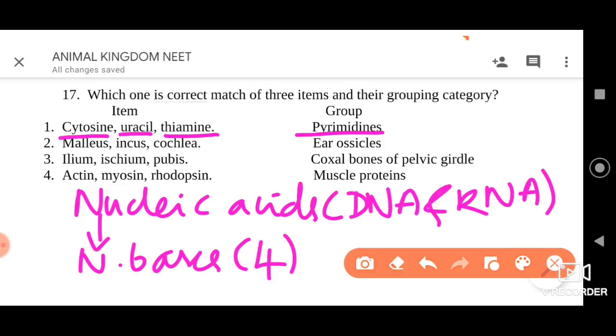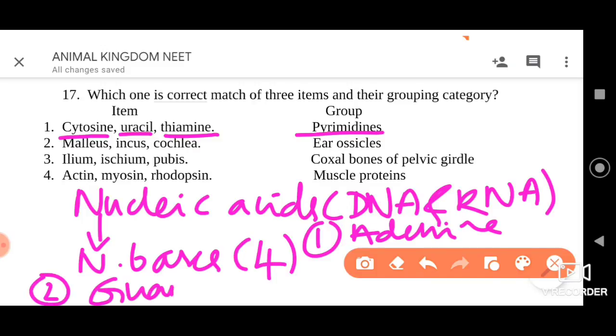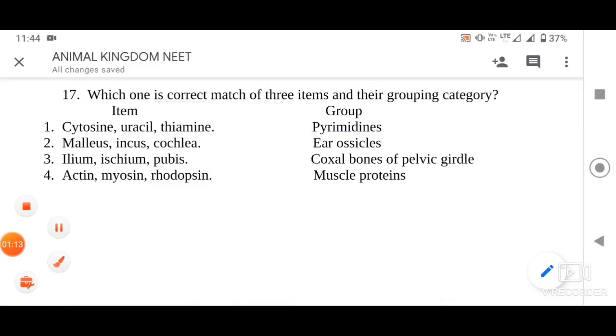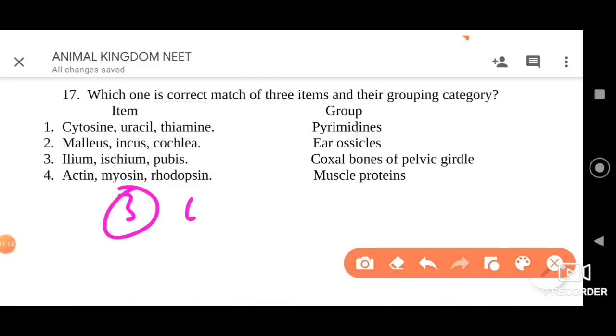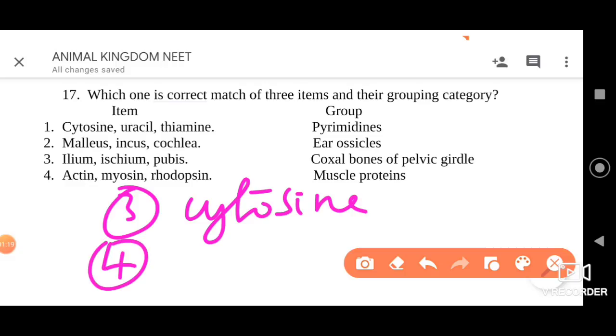Firstly adenine, secondly guanine, thirdly cytosine, and fourthly thymine.